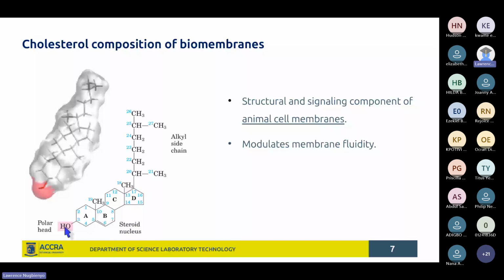And of course, we also looked at the fact that they act as structural components of cell membranes, and at the same time they play some role in cell signaling, cell transduction, and cell recognition. We'll also see that they play a role in the regulation of the fluidity of cell membranes.